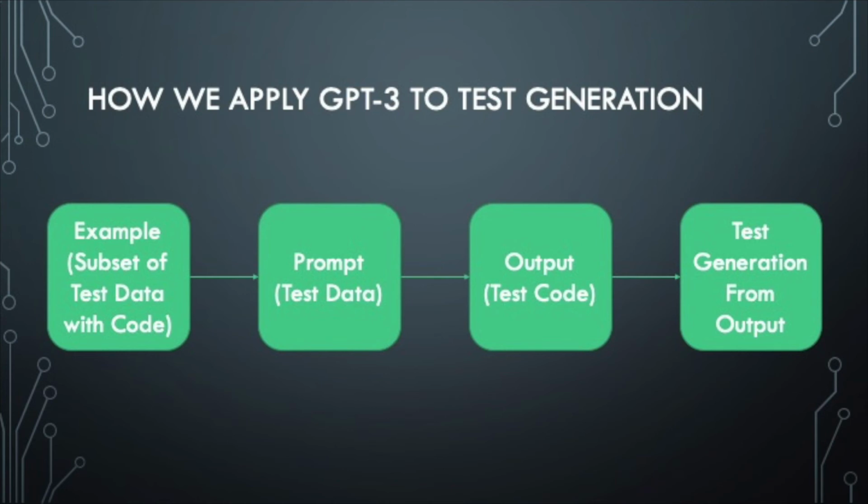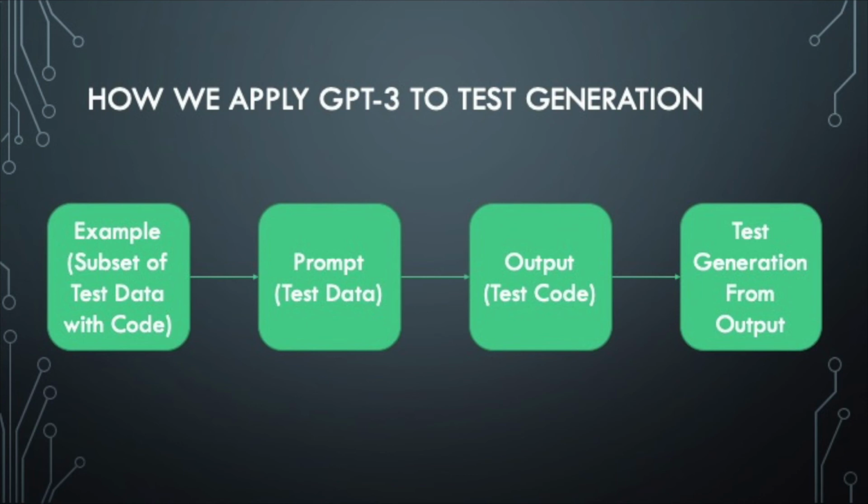Now that we have our use case, we can look at how we would apply GPT-3 to our test generation. For the first step, we need a subset of examples to send to GPT-3. For our use, we could use a subset of test data as our prompt, and for our expected response, we can supply what the code would look like for that test data.